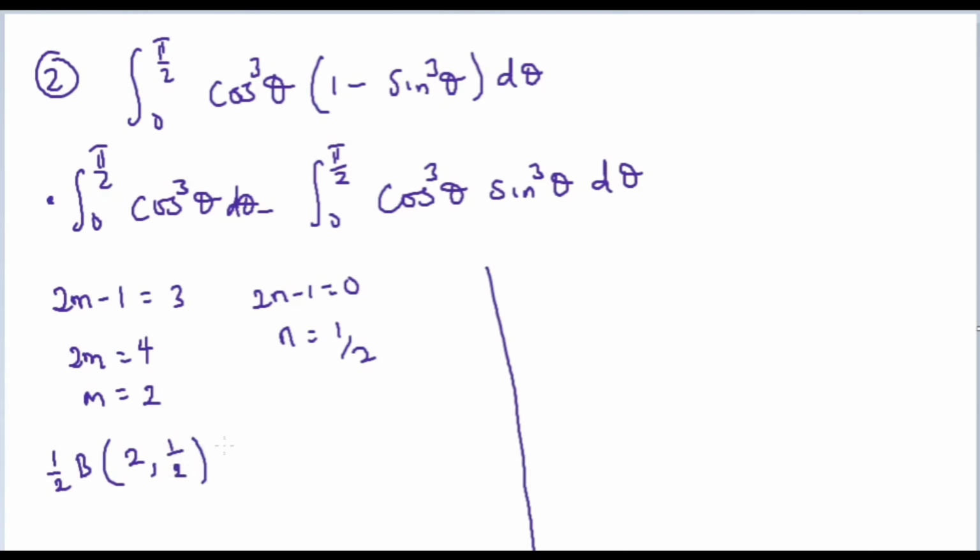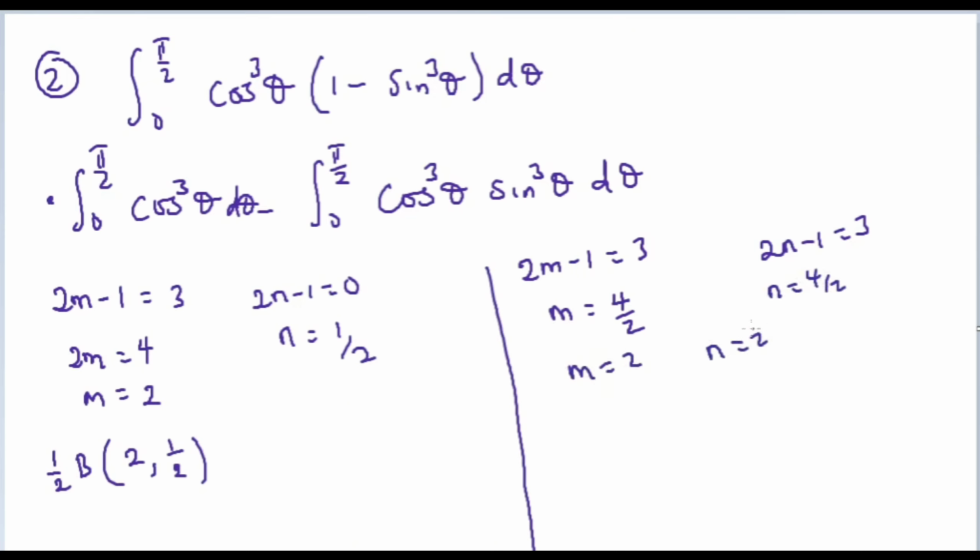Then for the second part, this one is very simple for us to achieve. We know that 2m minus 1 is equal to 3, and 2n minus 1 is equal to 3. So m is equal to 4 over 2, then n is equal to 4 over 2, which means that m is equal to 2, n is equal to 2.